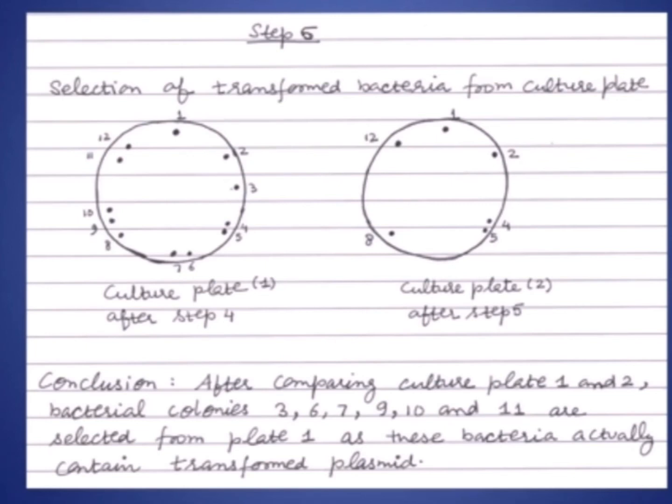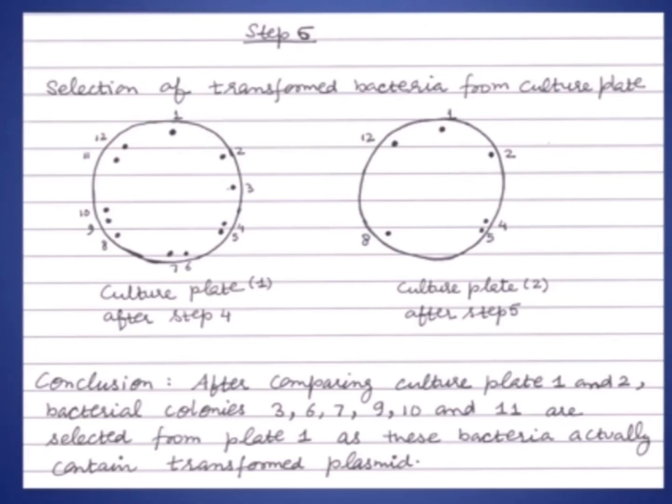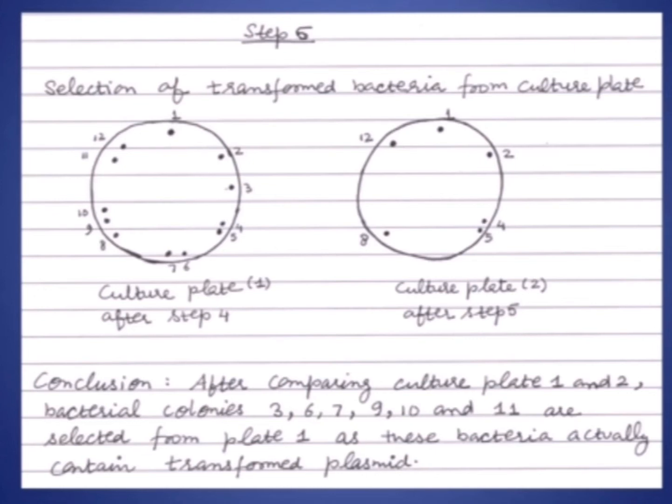Whereas in the second culture plate, wherein there is tetracycline, transformed plasmid will not grow because in that tetracycline gene an alien gene was inserted, so tetracycline resistance power will not be there. Whereas non-transformed bacteria will be growing.